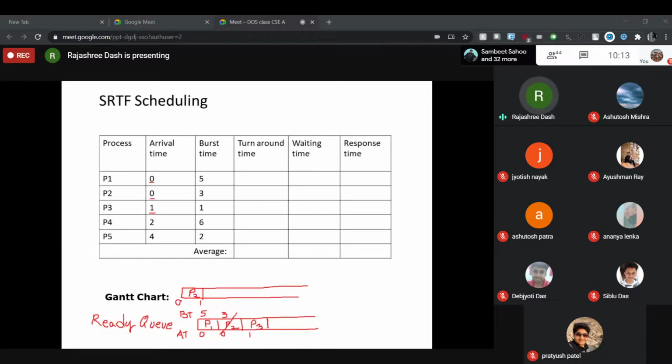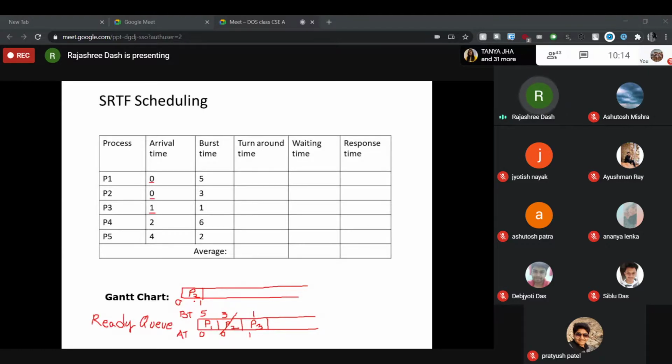Now what is the burst time of P3? That is 1 millisecond. So now what will the scheduler do? As this is preemptive, the scheduler will compare the burst time of the newly entered process, that is 1, with the remaining burst time of the currently executing process. The currently executing process is P2.